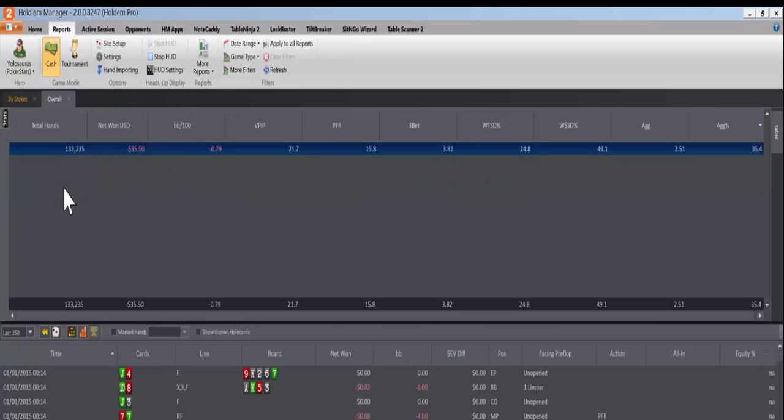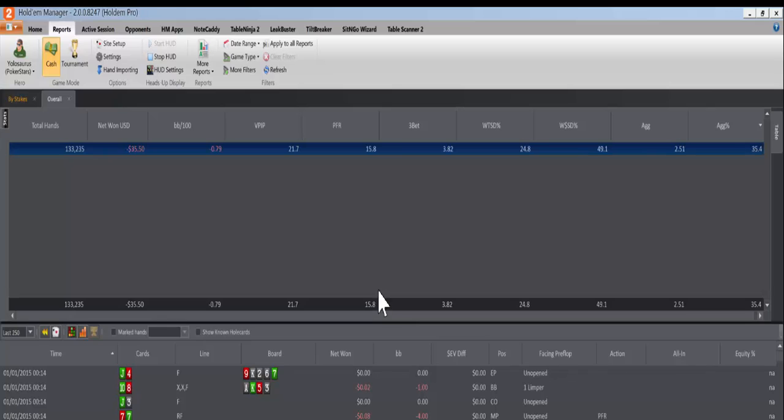What it will show is your total hands, net won USD, win rate, and some basic stats like VPIP, PFR, 3-bet, went to showdown, won $ at showdown, aggression. All these are pretty basic stats and they're quite general. So I think we want to be adding a lot more specific stats to spot for specific leaks.